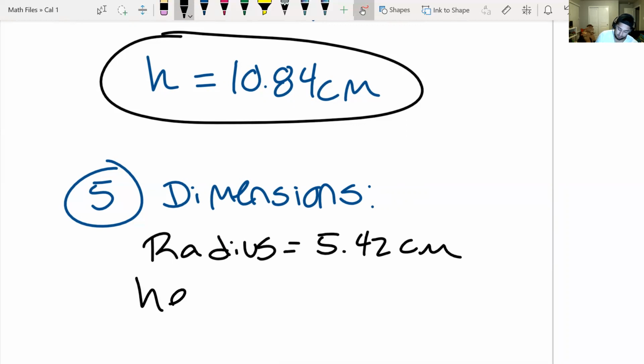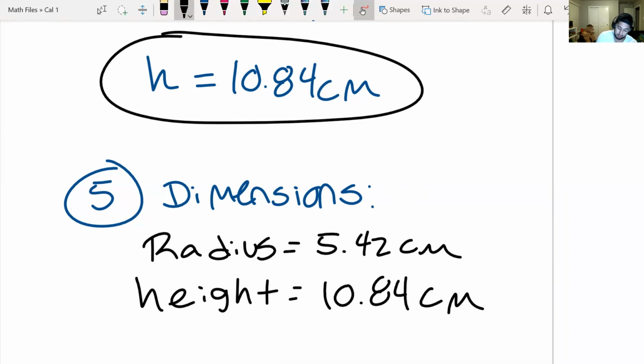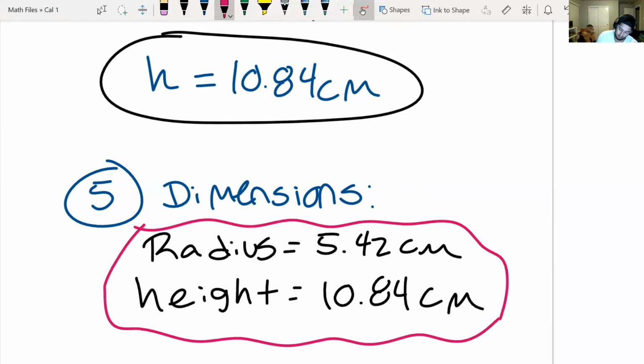And height has to be basically double that, 10.84 centimeters. There it is. Beautiful. Okay, excellent.